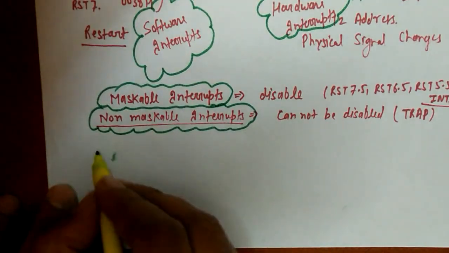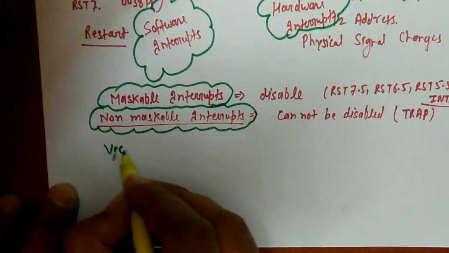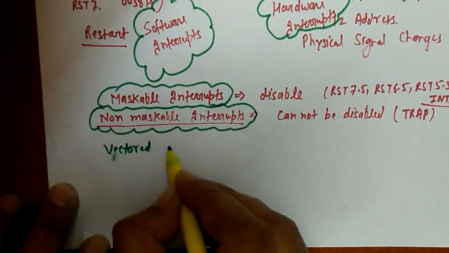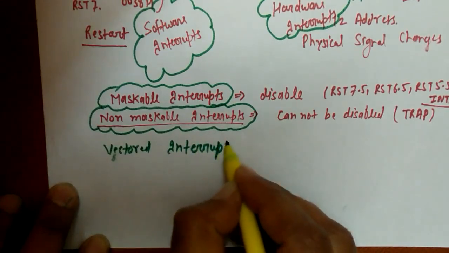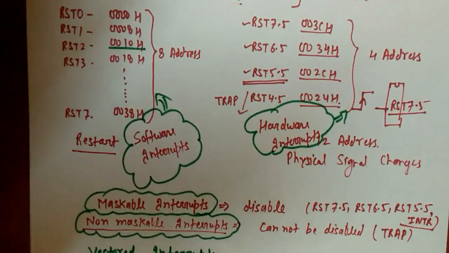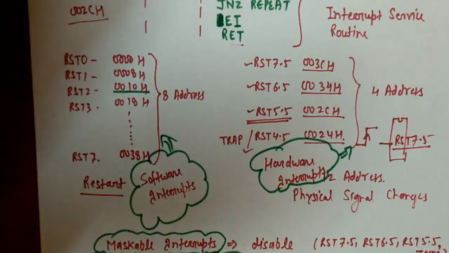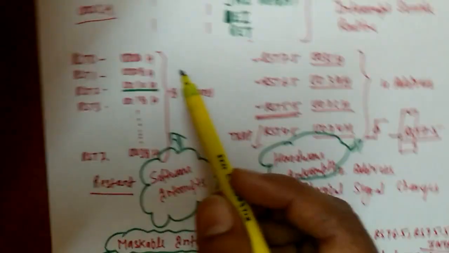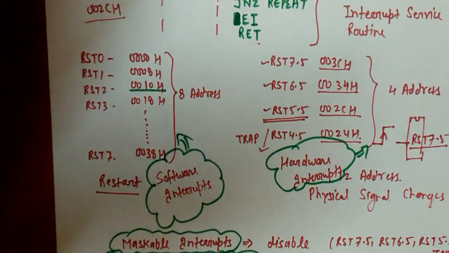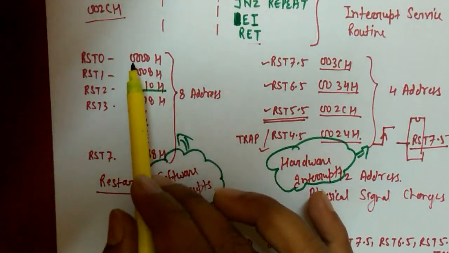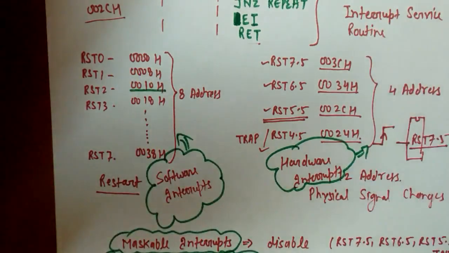Next are vectored interrupts and non-vectored interrupts. Well, you can see here that these are the software interrupts, and with these interrupts an address is associated where you will be writing your interrupt service routine.